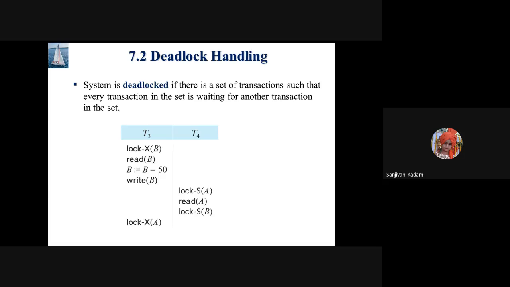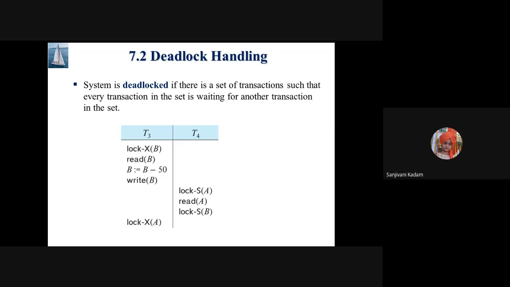Deadlock, this term you have already used. It means that a sequence of transactions are waiting for each other, and hence the system cannot proceed with any operation. If this is the condition, then we can say that our system is in the deadlock state. For this purpose, we have shown one example here with transactions T3 and T4.